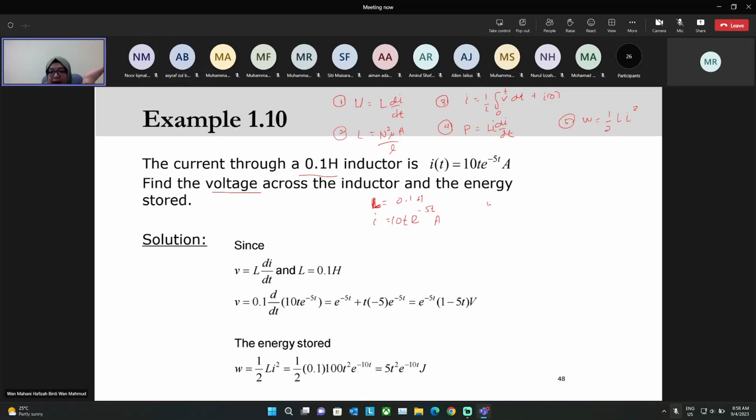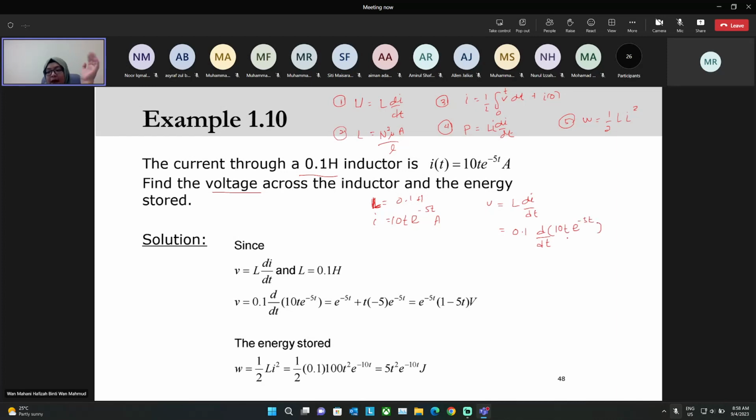So just apply it. V equals L di/dt. L is 0.1. di/dt is d/dt of I, which is 10t exponential negative 5t.